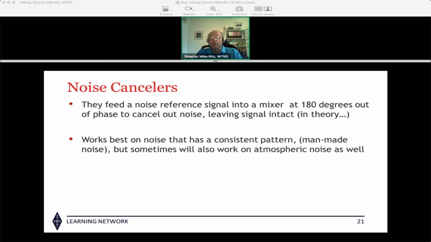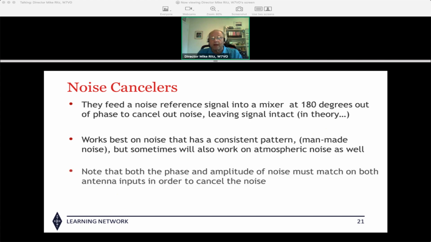Keep in mind, these things really work on noise that has a consistent pattern, which is basically man-made noise. But I've had them work pretty well sometimes on atmospheric noise, and it's really made a difference between making a QSO and not making a QSO. Both the phase and amplitude have to match in order to cancel the noise, so these things have controls you have to fiddle with to get those two.